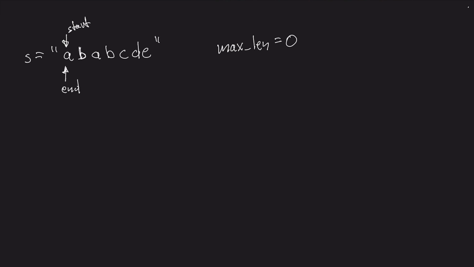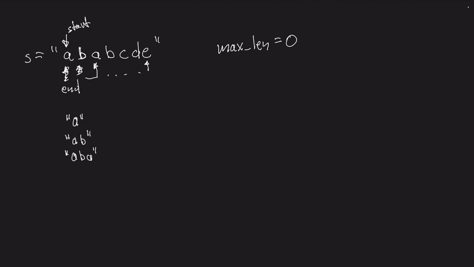So in this case, the current substring is just A. And if we want to generate another substring, we just move end to the next position and our substring becomes AB. And so on. For the third substring, we move end to the third position and the substring is ABA. And this continues until we reach the letter E in our case.